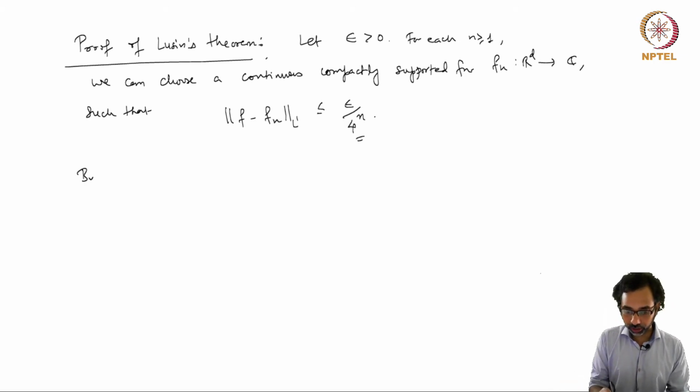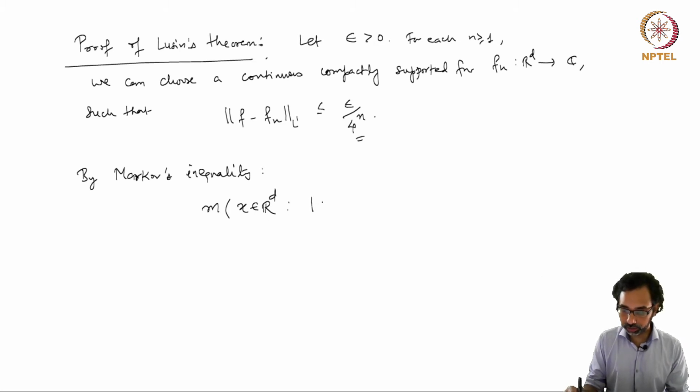And now by Markov's inequality, we have the measure of points in R^d such that the absolute value of f(x) minus fn(x) is greater than or equal to 1 over 2 to the power n.